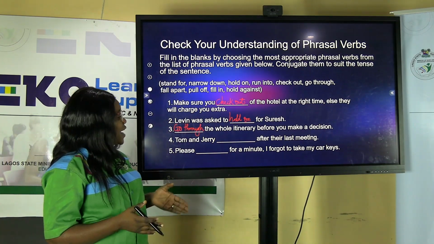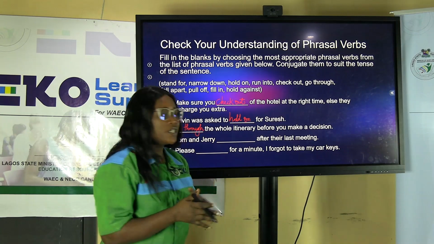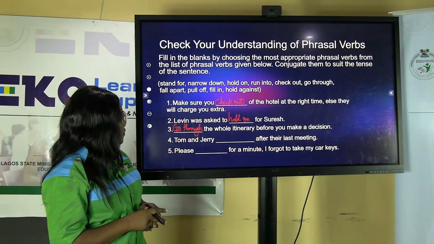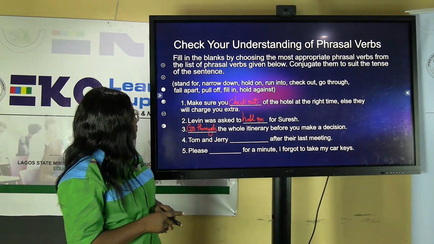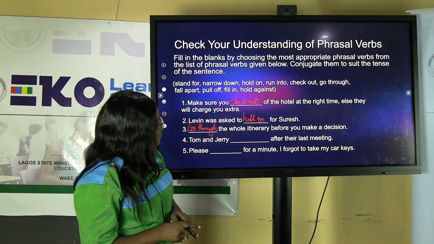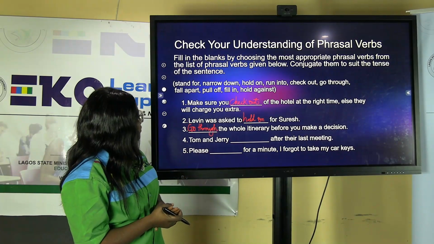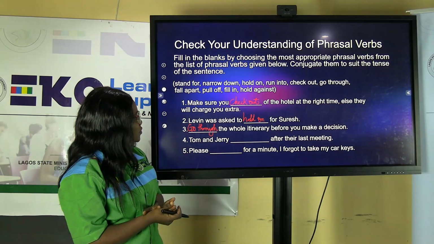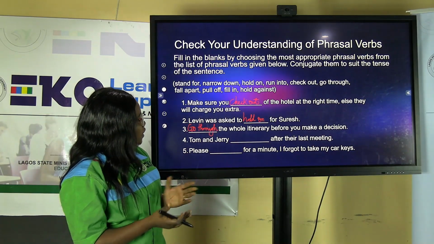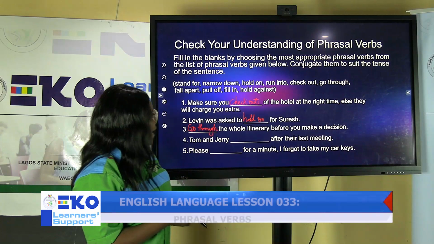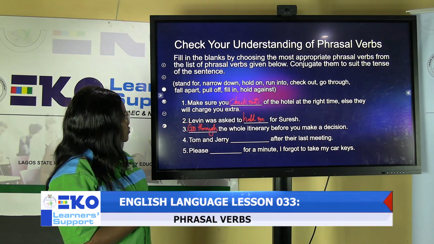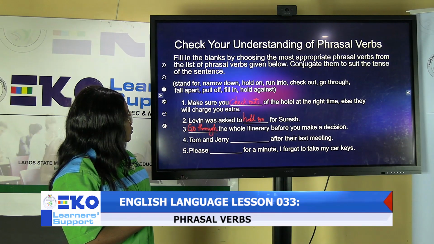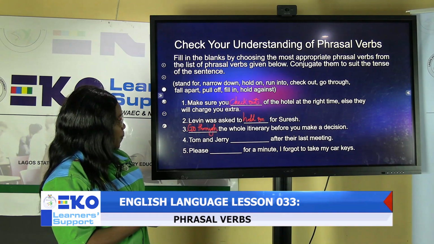Tom and Jerry dash after their last meeting. What's your answer? Stand for, narrow down, hold on, run into, check out, go through, fall apart, pull off, hold against.